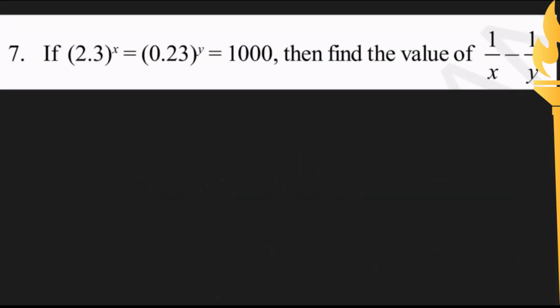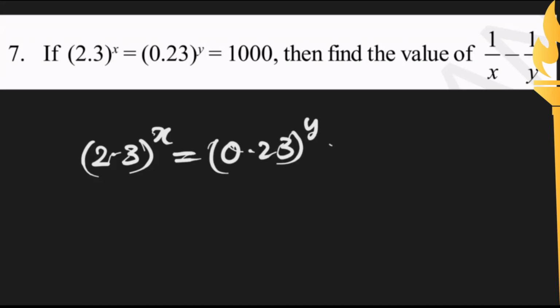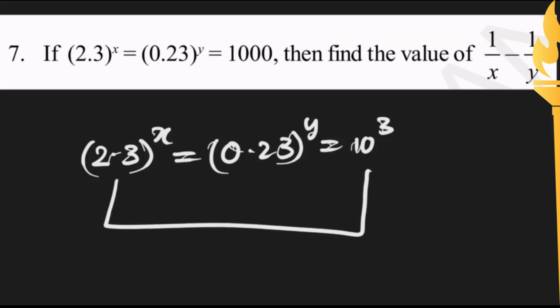Now the question of exercise 1.5 says 2.3 power x is equal to 0.23 power y is equal to 10 to the power of 3, and we need to find 1 by x minus 1 by y. First, let's consider these both.